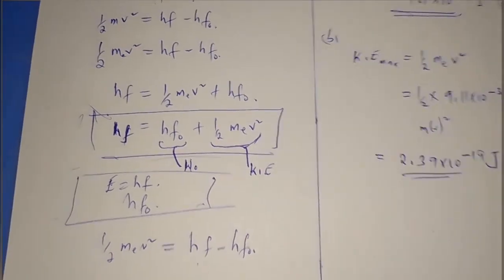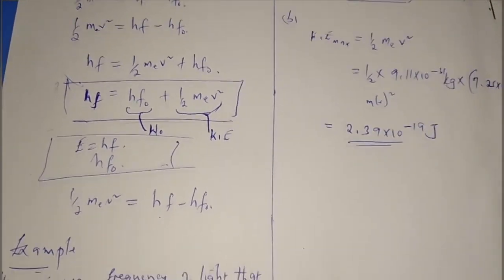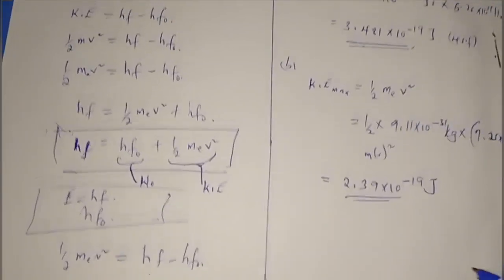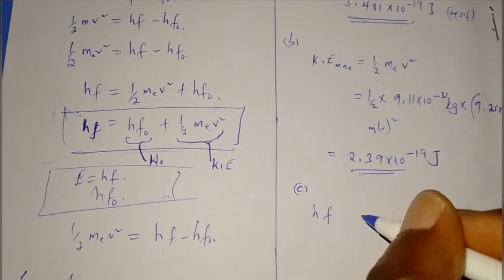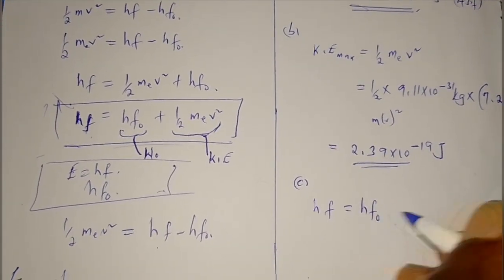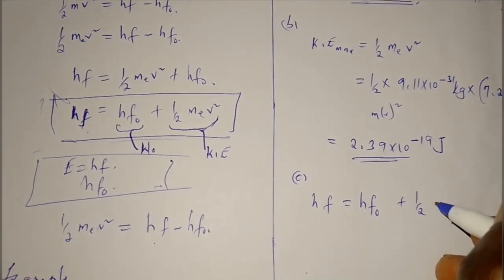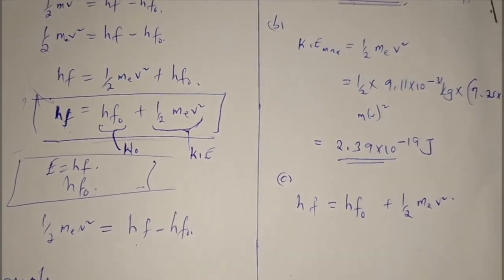So here is where we will apply Einstein's equation of photoelectric effect, and we say that HF is equal to HF naught plus a half MeV squared. But we have said that HF naught is the work function.